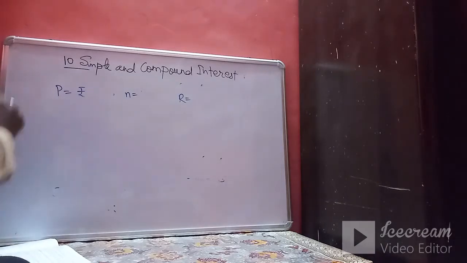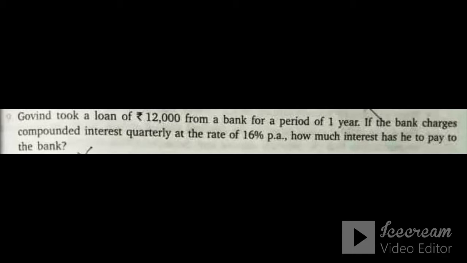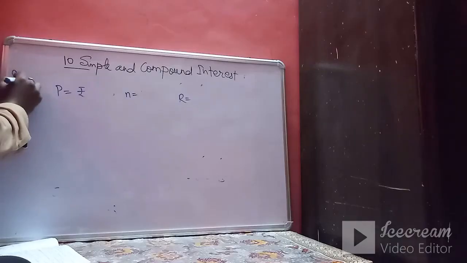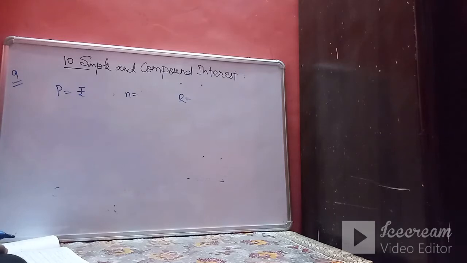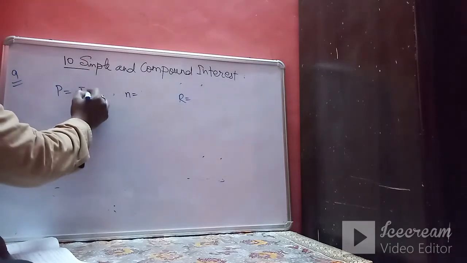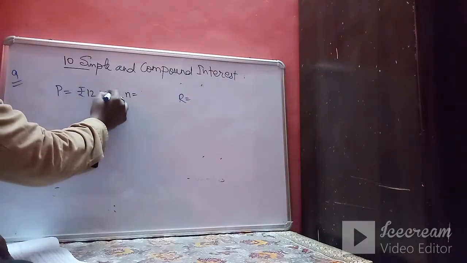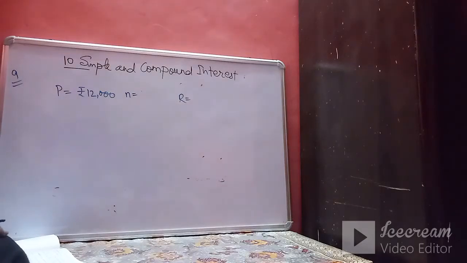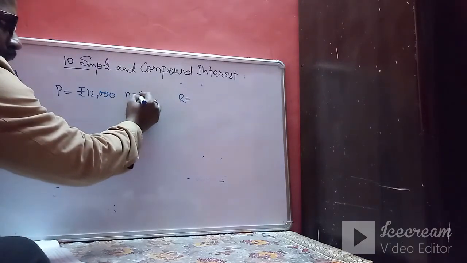So in question number 9, Govind took a loan of rupees 12,000 from a bank for a period of 1 year.